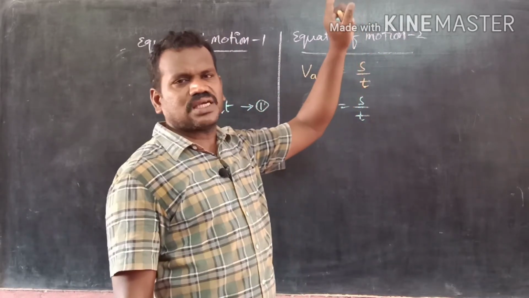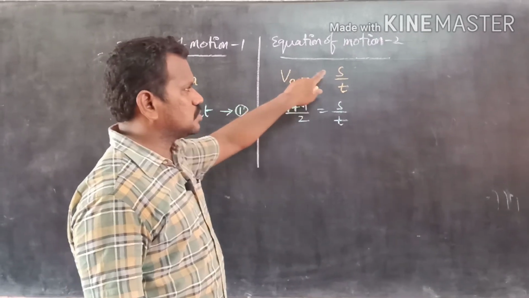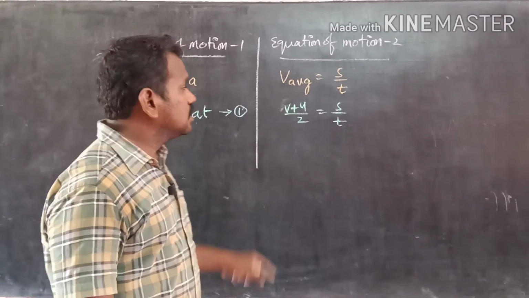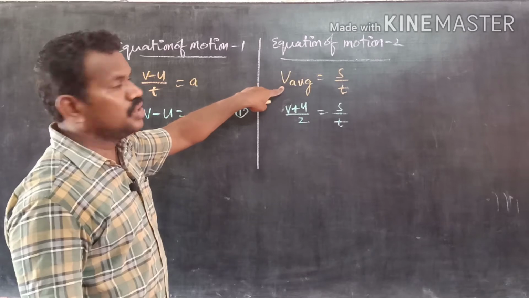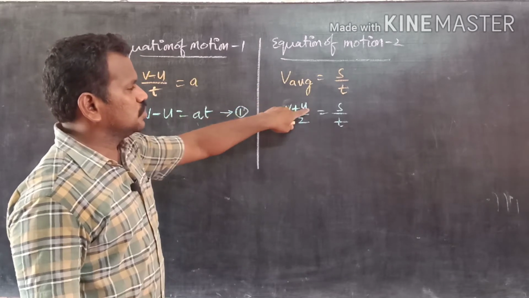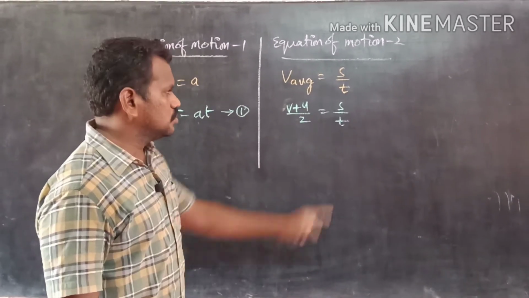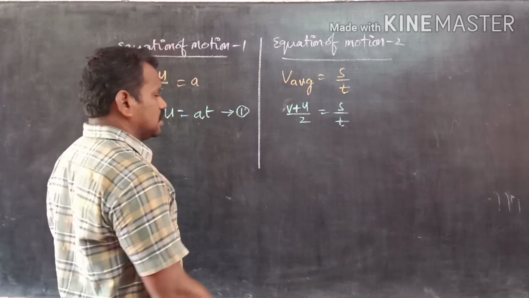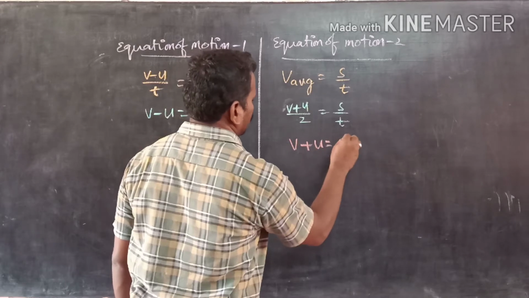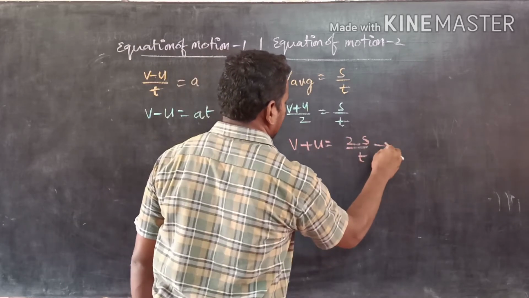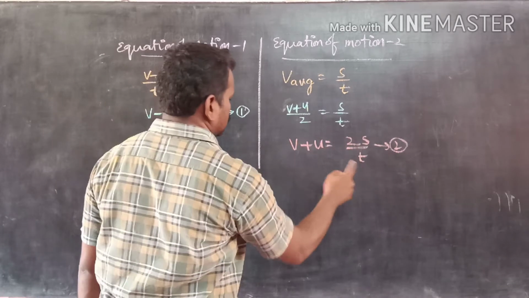The basic rule there is that average velocity is equal to displacement by time. In equation of motion 2, instead of average velocity we wrote (v + u)/2, because final velocity plus initial velocity by 2 is displacement by time. Rearranging this, v + u = 2s/t. Consider this as equation 2: v + u = 2s/t.